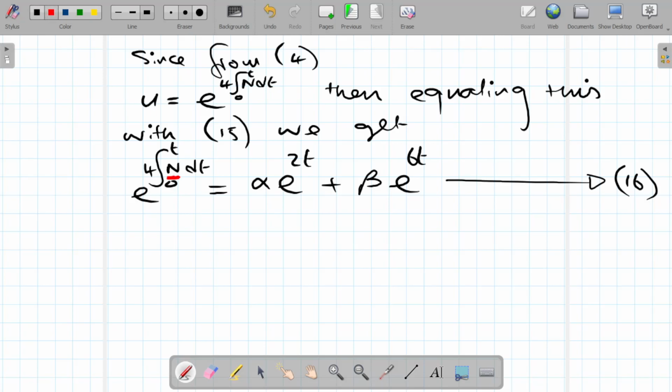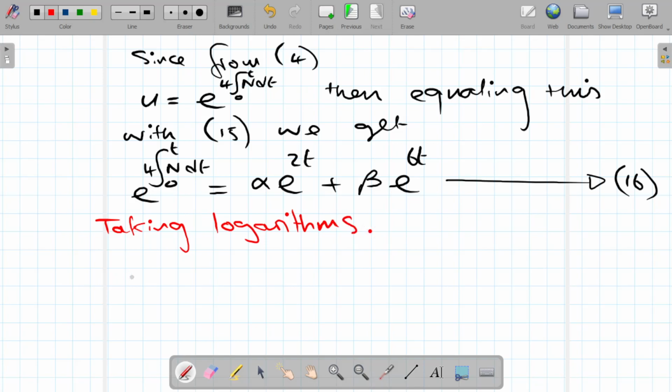We need an expression that is equal to n. Right, so what do we do? Well, we take logs. I'll keep this in red. Taking logarithms, and I'm going to use natural logarithms.